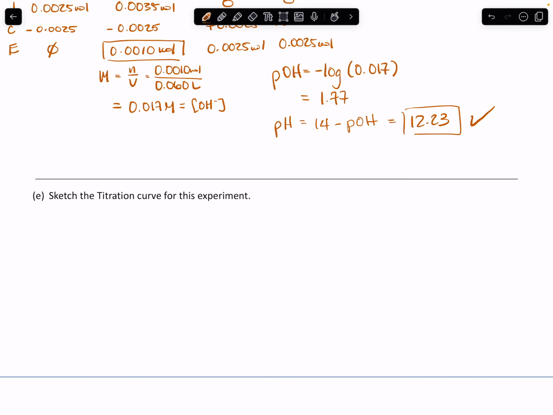Okay, so now we're going to sketch the titration curve for this experiment. I want to make sure I include the equivalence point too. So let's draw our axes first. pH is going to go on the y-axis. This is base added, which will go on our x-axis in milliliters.